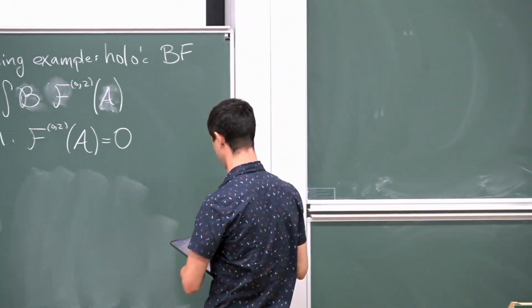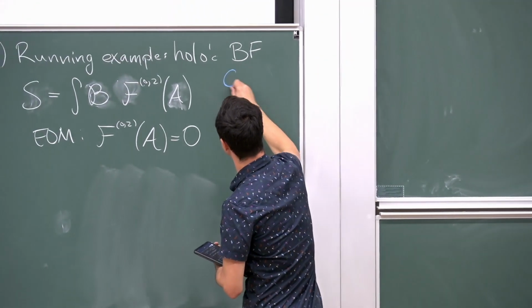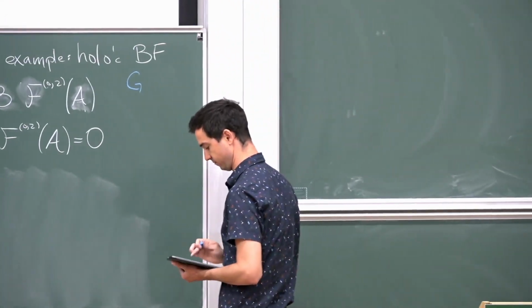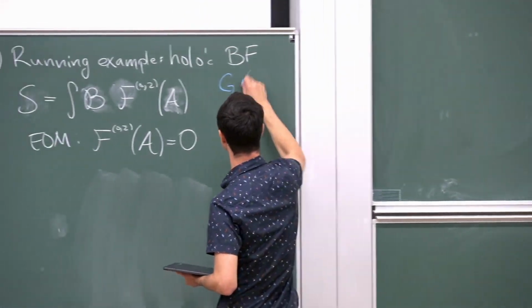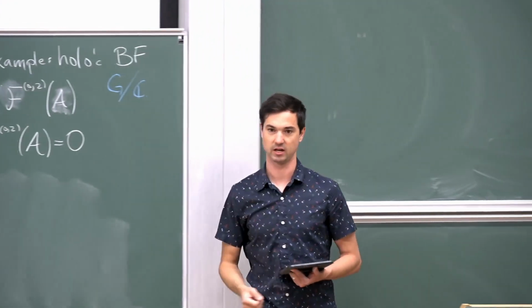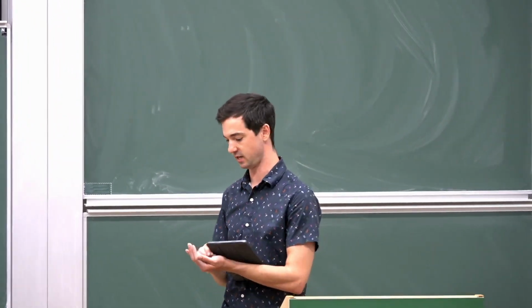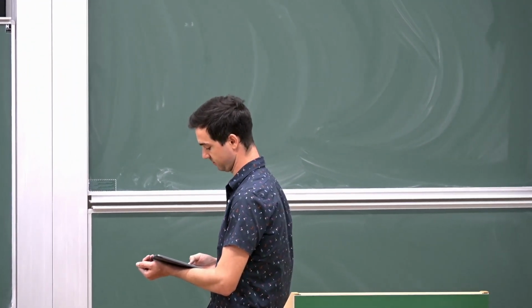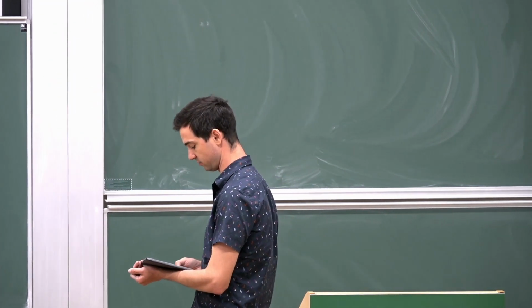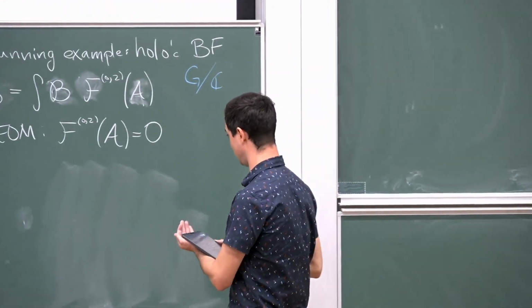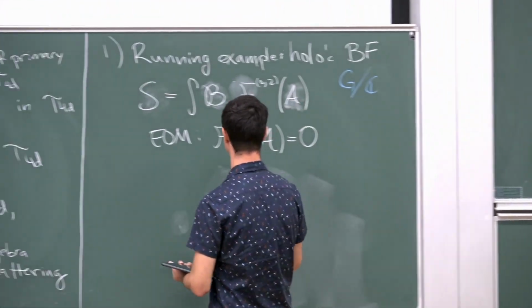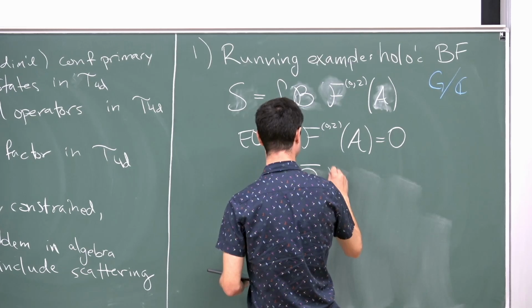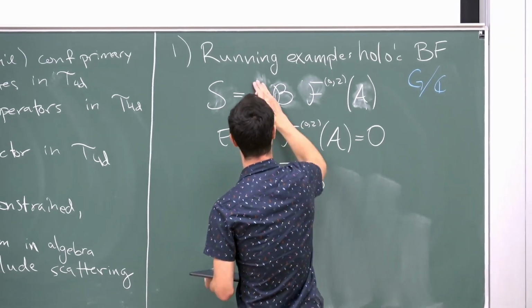I guess I'll also fix a gauge group G. I'm going to be lazy and consider this a complex group, but really we should take some real form in 4 dimensions, but we're doing perturbation theory, it doesn't really matter too much. And the other equation of motion for B says that it's a holomorphic section. I need a trace.